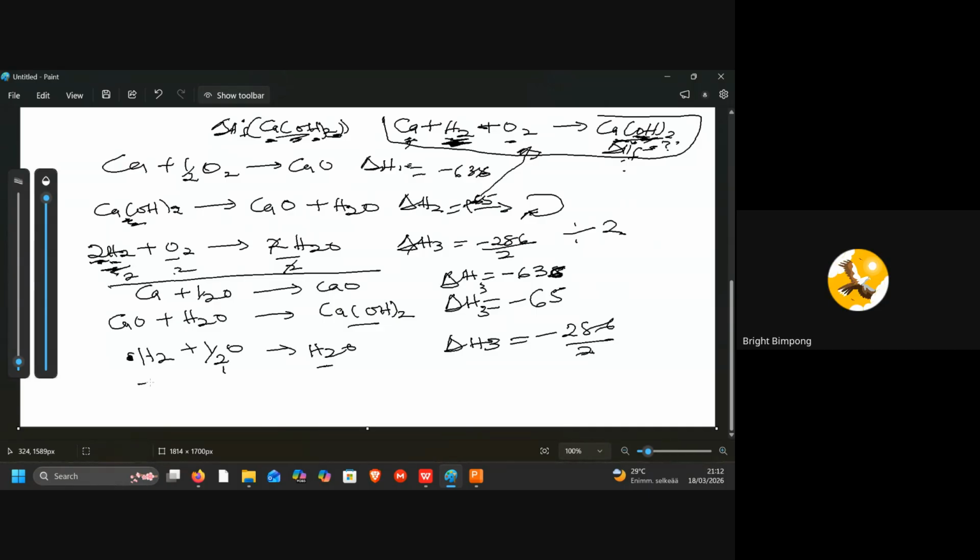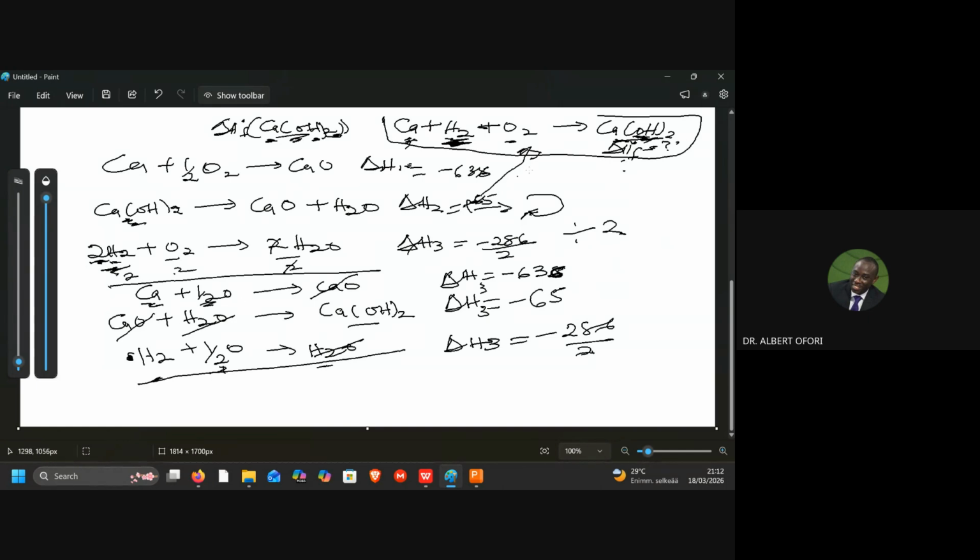Okay. Now I can sum them up to get my target. Sum them up, all the reactants and then all the products, and some species will appear on both sides. And they are the same moles, so I can cross them out. Water is on the opposite side with the same moles, I can cross it out. It's half oxygen plus hydrogen 1 mole plus half.